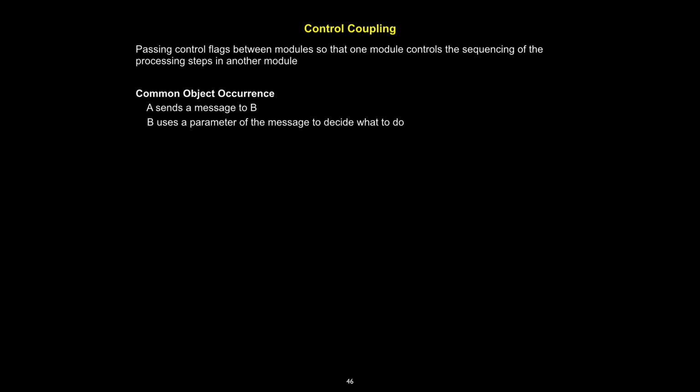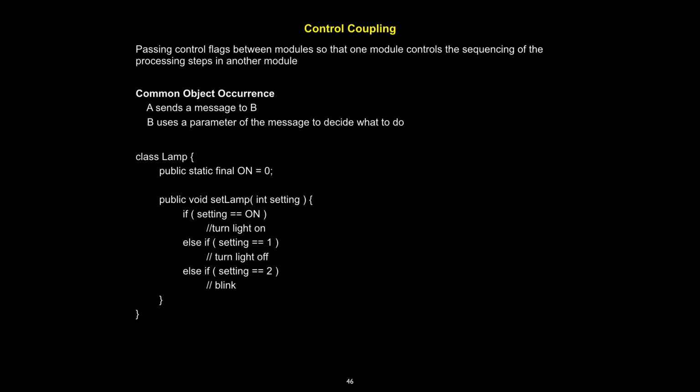You pass in a parameter and it tells you what to do, right? An example was the lamp, where you can turn the lamp on, turn it off, or make it blink, right? You pass in an integer, and depending on what the value of the integer is, it turns it on or off.